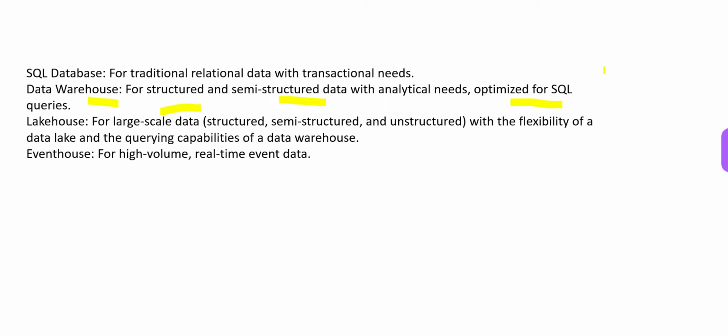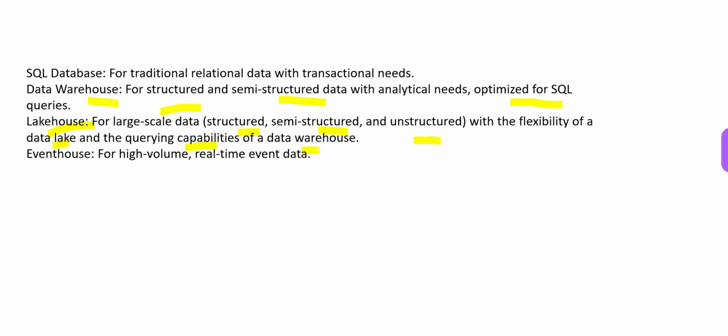Then we have Lakehouse. It is a large scale data set, structured, semi-structured, unstructured. It has the flexibility of a data lake and the storing capabilities of a data warehouse. So it has dual capabilities. Understand this, it has dual capabilities. It works like a data warehouse.